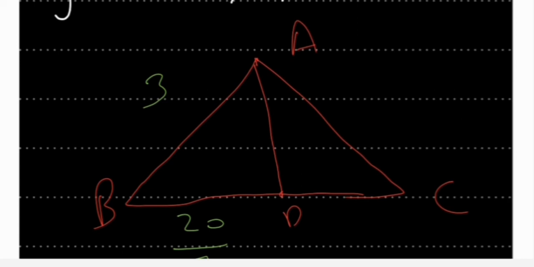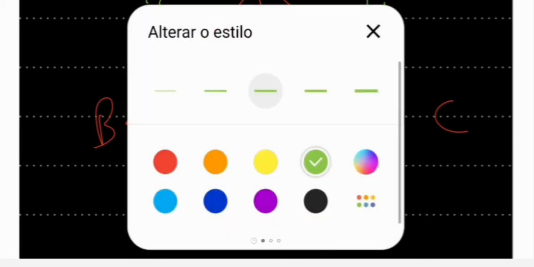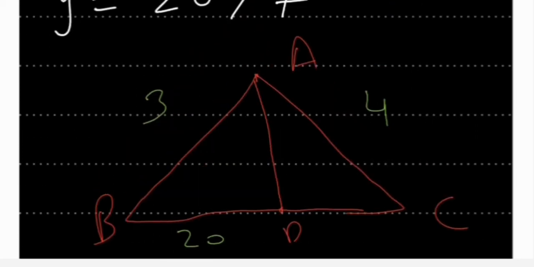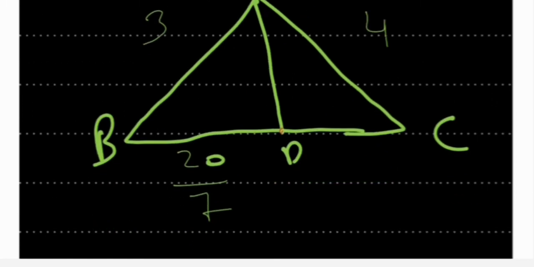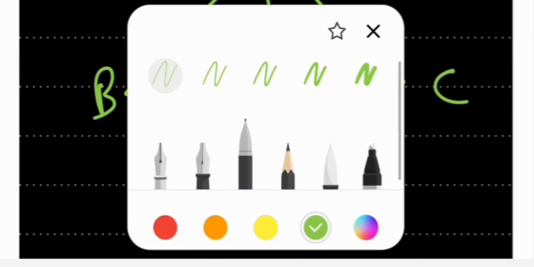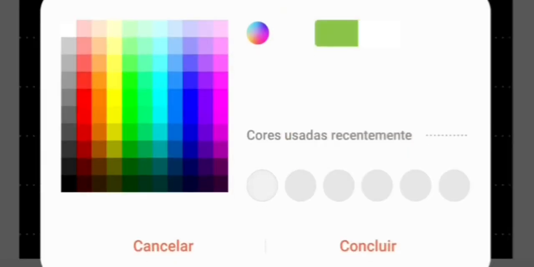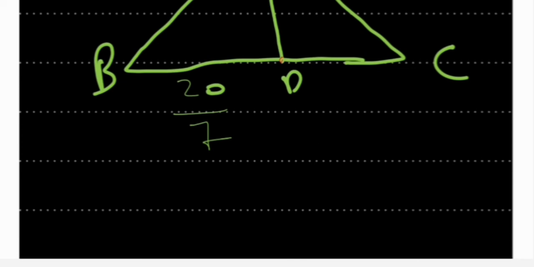AC is 4. Now, BC, all of it was what? BC was all 5. So now I'm going to try to find this part over here.